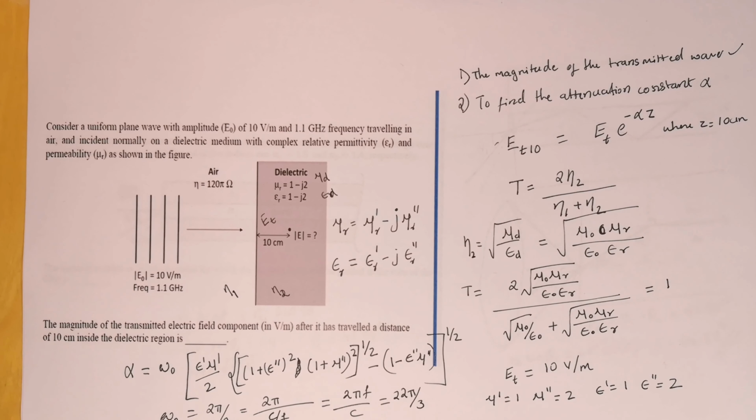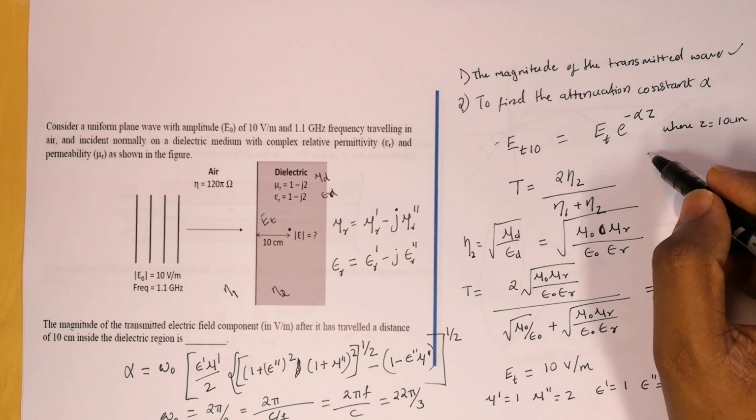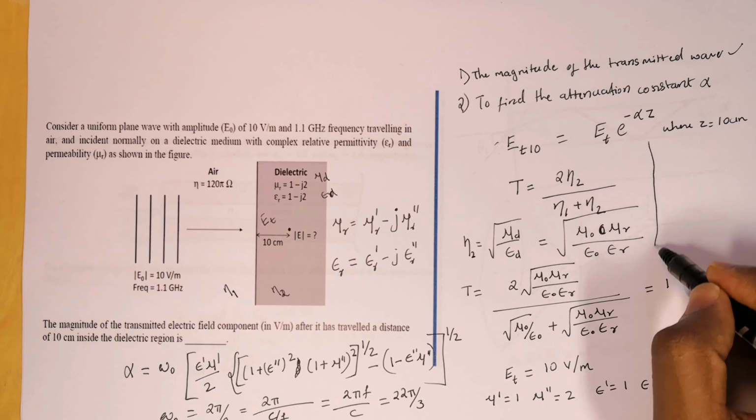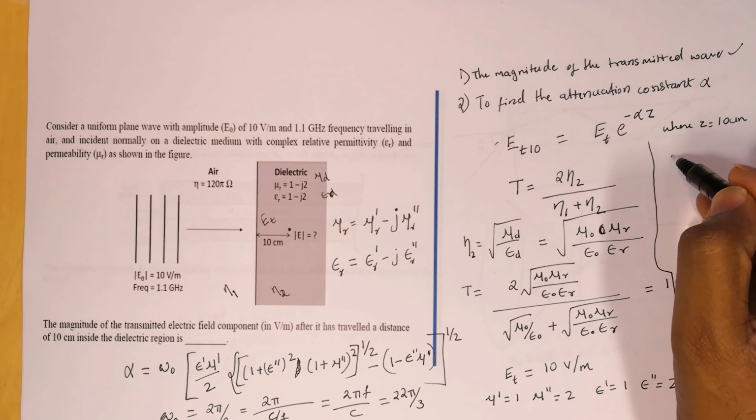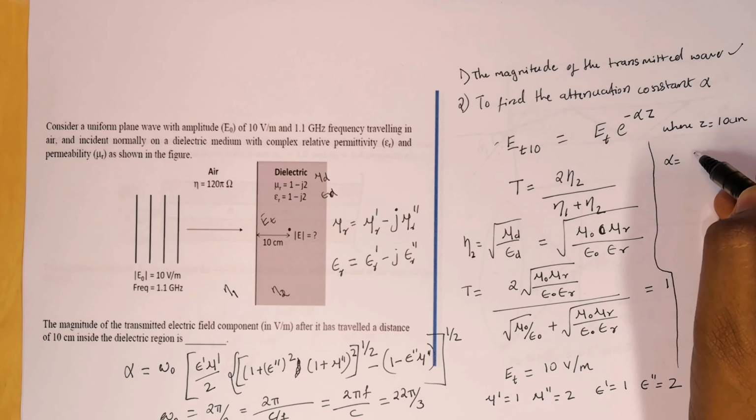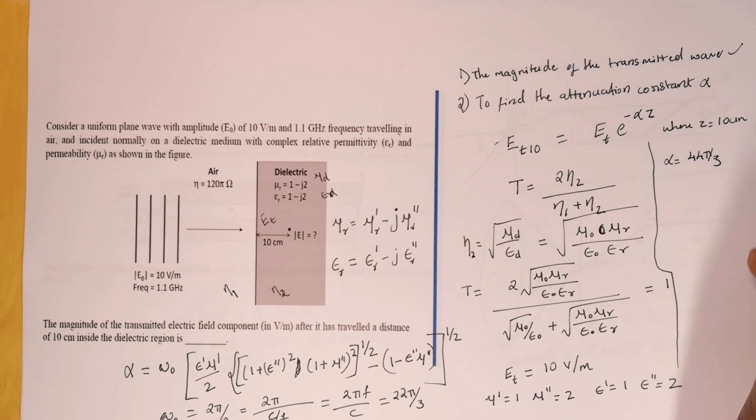Now we have everything we need, you just plug in and you get alpha as 44 pi by 3.